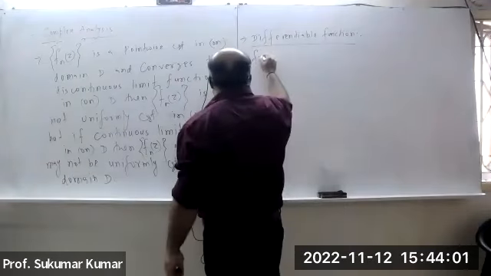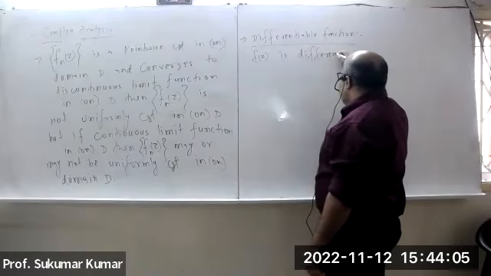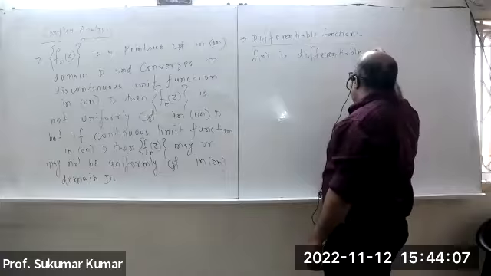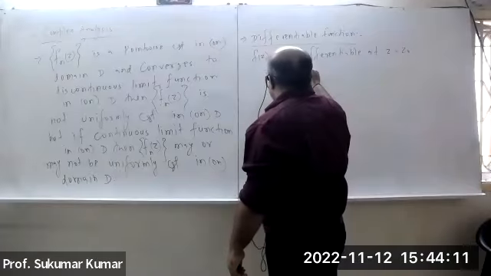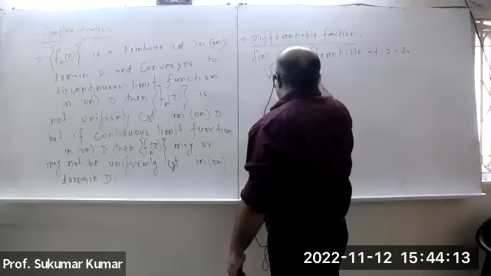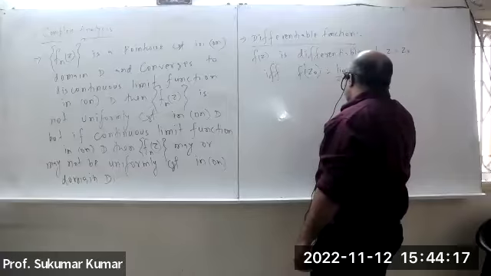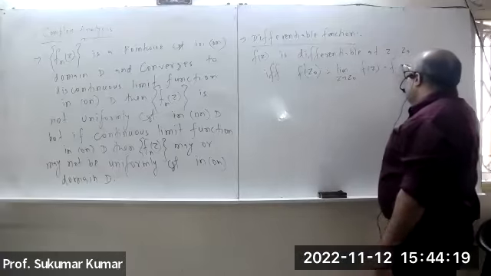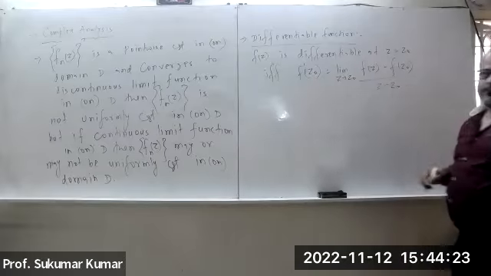So here the function f of z is differentiable at z equal to z naught if and only if we can write f dash z naught as limit z tends to z naught of f of z minus f of z naught by z minus z naught.